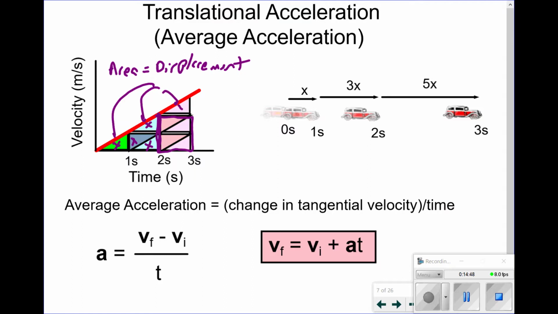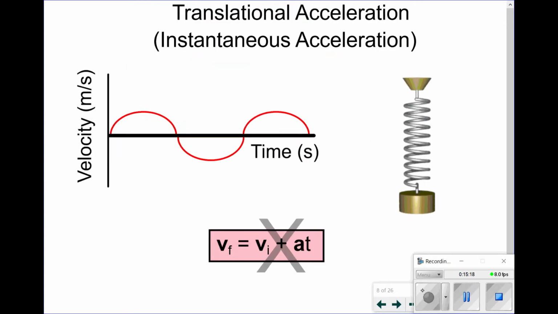So here I have a total area of 5 x's compared to the very first x from the first second. So here we again see the rule of odd numbers as it relates to the area underneath the velocity versus time graph and the displacement traveled every second.